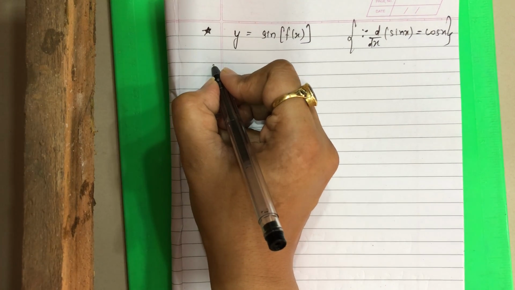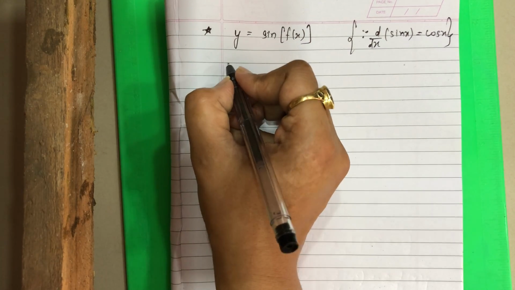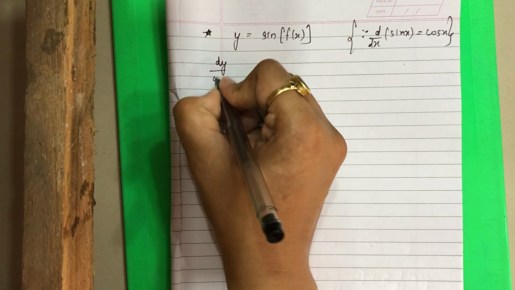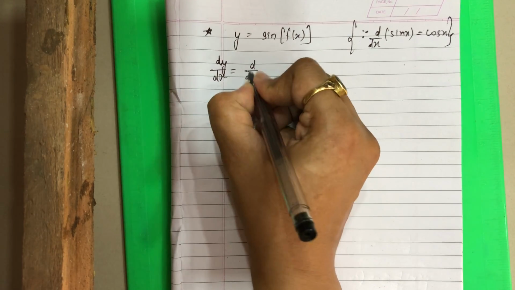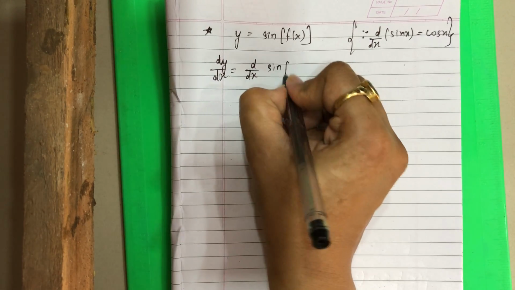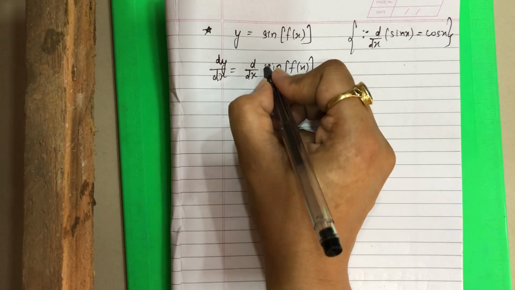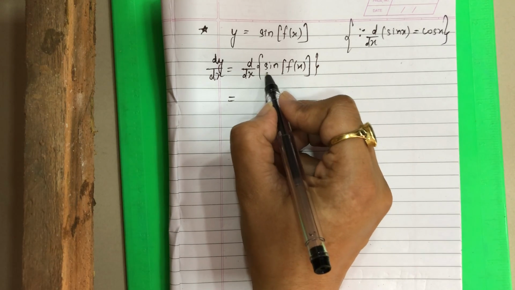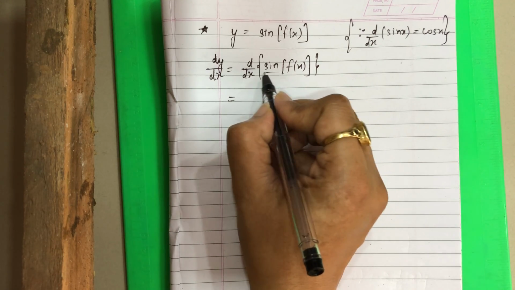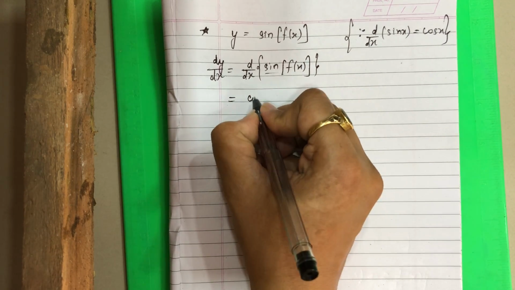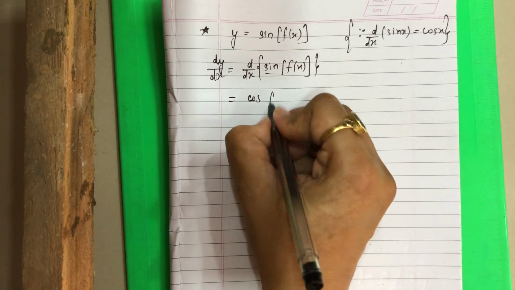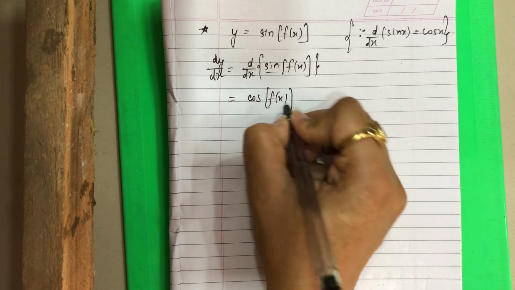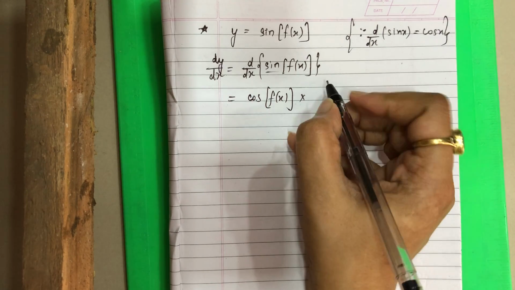So here also we are finding out the differentiation of this. So dy by dx is equal to d by dx of sine f(x) is equal to, first we need to differentiate this sine. The differentiation of sine is cos, in place of x it is f(x). So cos f(x) and chain rule obviously.